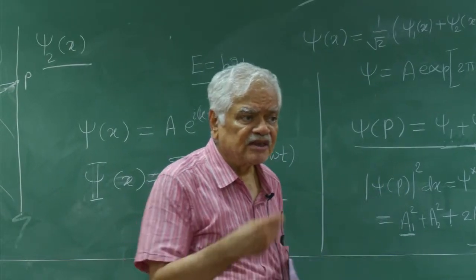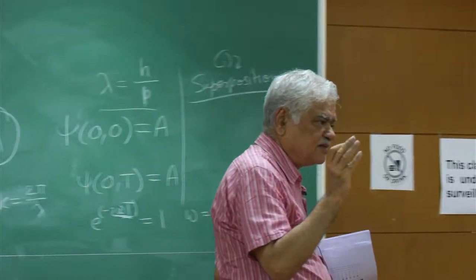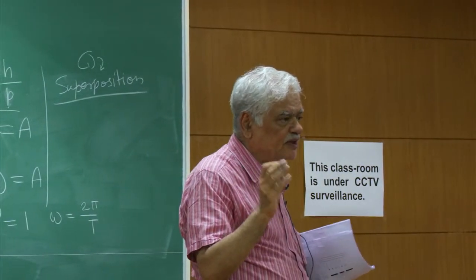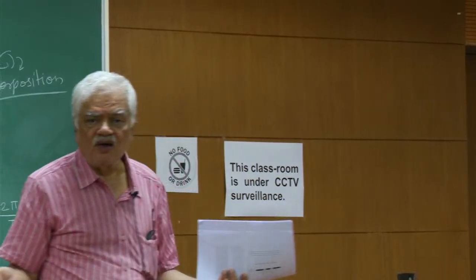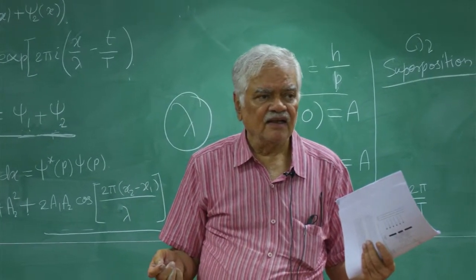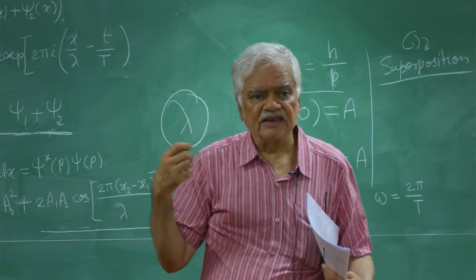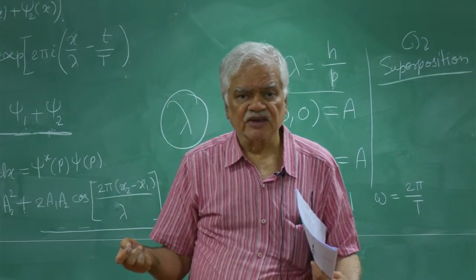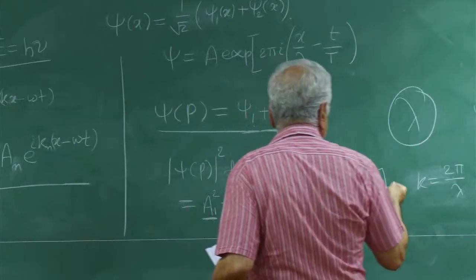When the superposition is lost, the interference pattern is lost. When the superposition is on, the interference pattern is on. So this is an instance of quantum interference, and quantum interference is a result of superposition. Okay, so this is the first thing.